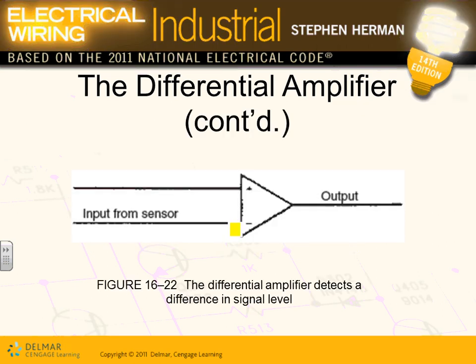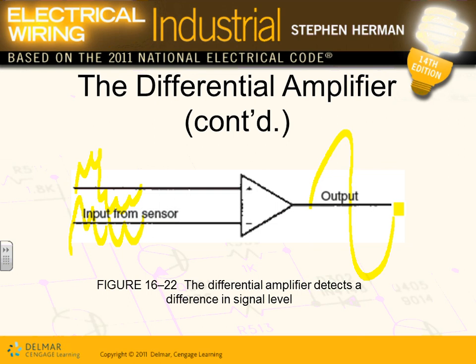It looks something like this, guys. Here's a signal coming in that looks like this, and a signal on this side that looks like this. Now it looks at them, compares them together, gets the noise, which is interference, out, and amplifies only the signal that you want.